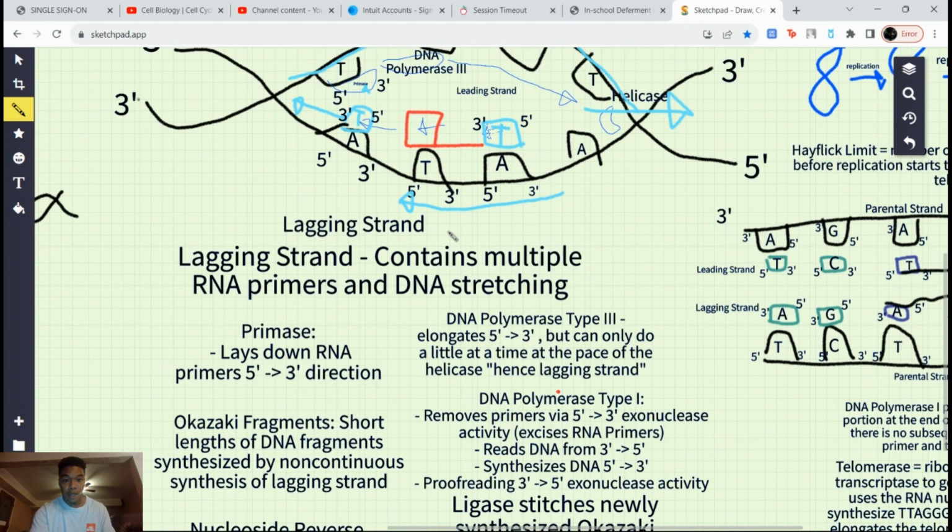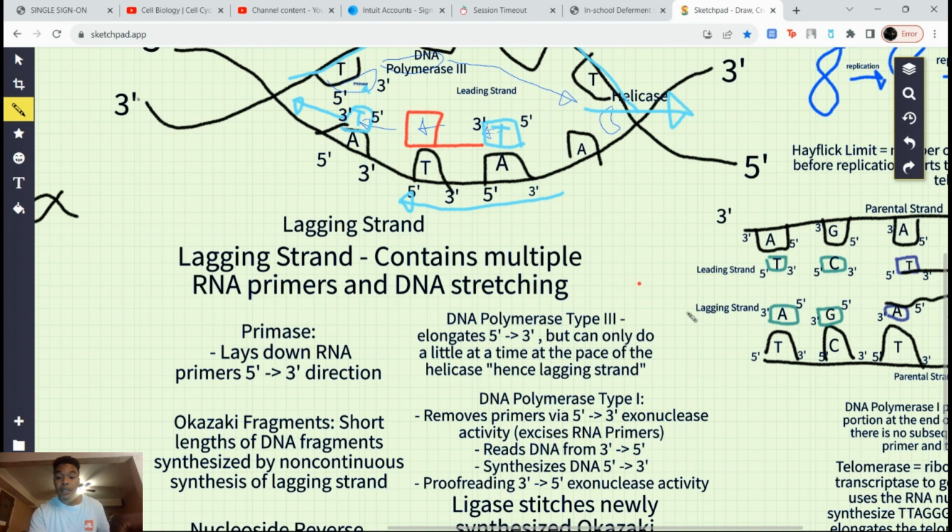So you see, we had primase add these baby blue primers, but we don't want primers. We want to replicate DNA. So it's going to remove those. Hey, we don't want you. And that is the major difference between DNA polymerase 3 and DNA polymerase 1. DNA polymerase type 3 just synthesizes a continuous nucleotide sequence.